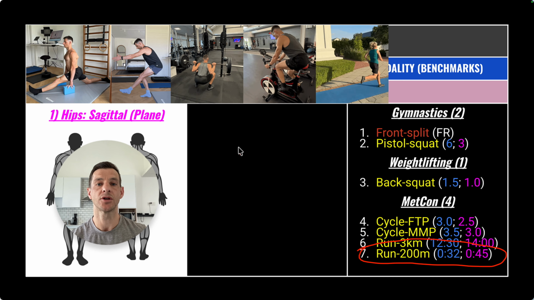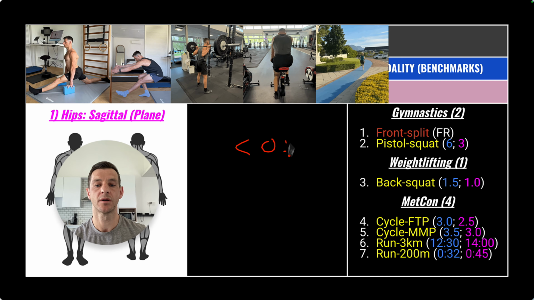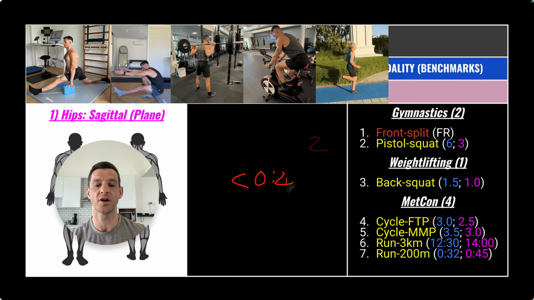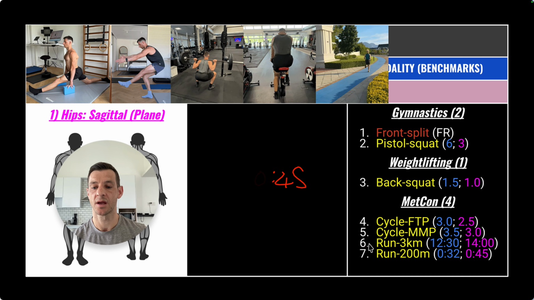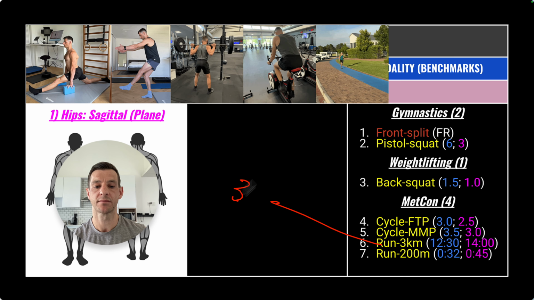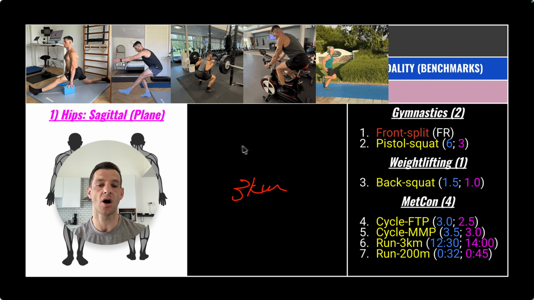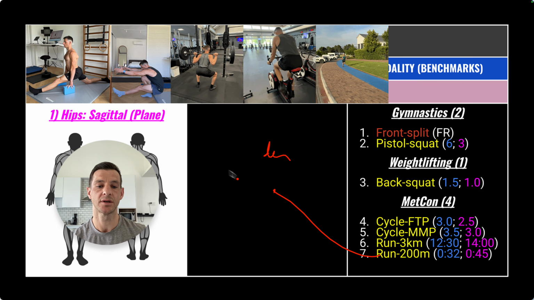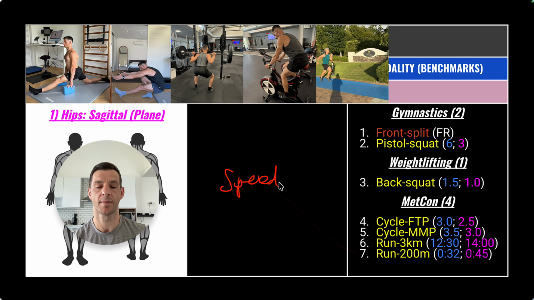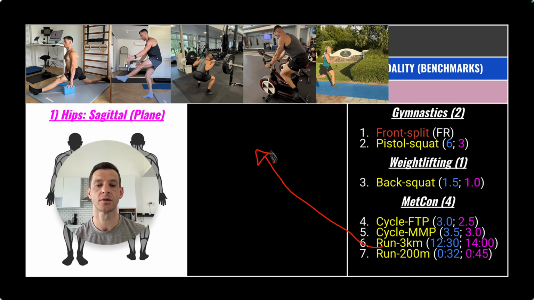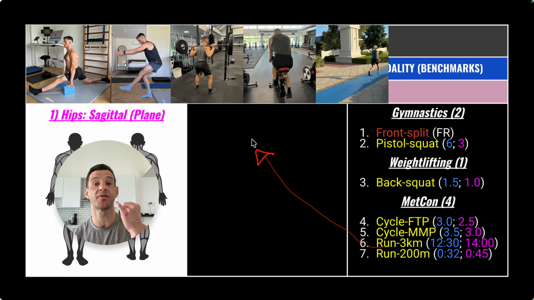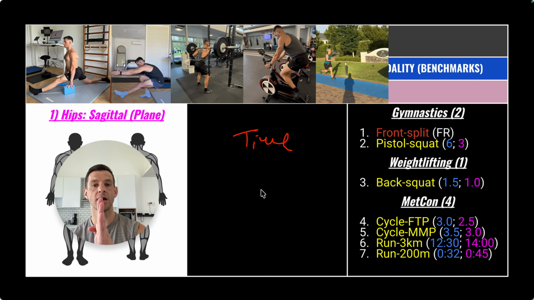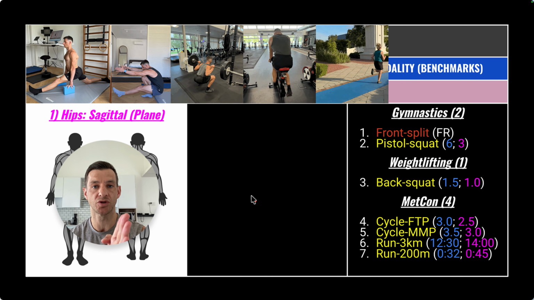And as a male, you're aiming to do below 32 seconds, or as a female, below 45 seconds. 3-kilometer run is a test of endurance, whereas 200 meters is one of speed. Both running benchmarks are measures not of position or load, but of time. Each trial, you're trying to improve on your time.